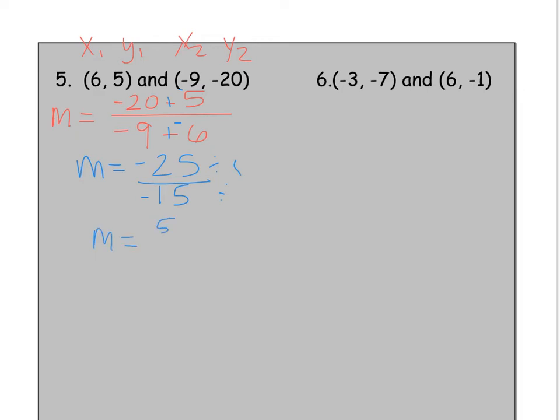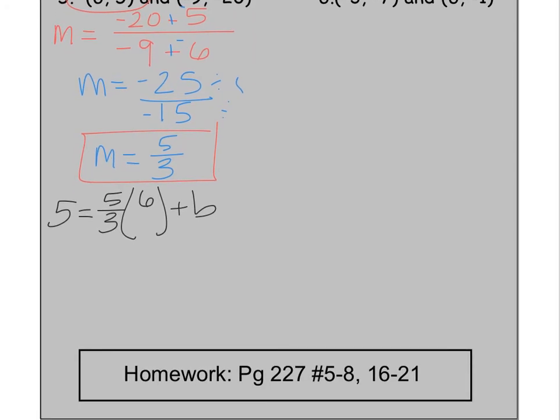So I have my slope and it's a fraction, so I look at my x and y values to see which one is going to be easier to work with: the 3. Since slope goes next to the x, I'm still going to pick my first one, plug those in. y is 5, m is 5/3, x is 6, and I'm looking for b. So then I'm going to put 6 over 1, because I can cross cancel my multiplication.